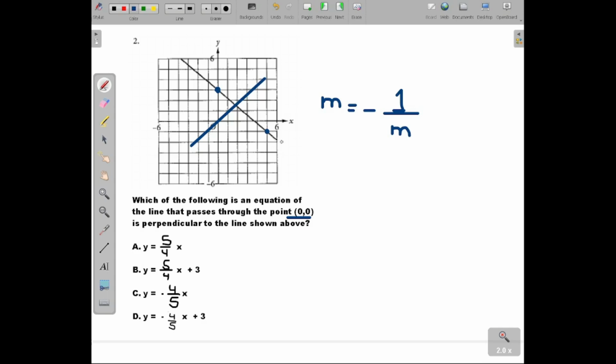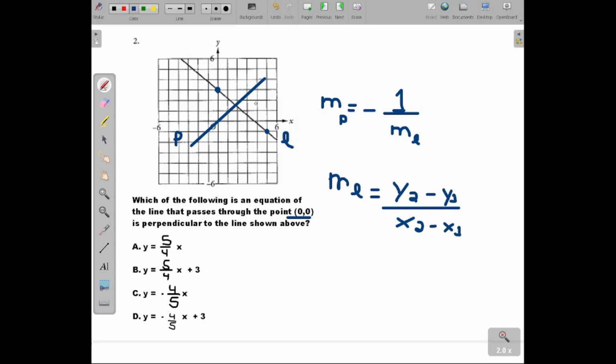So let's say this is line L and this one is for line P. So the slope of P will be equal to negative 1 divided by the slope of L. So let's find the slope of L. Remember that the formula for the slope is y sub 2 minus y sub 1 divided by x sub 2 minus x sub 1.